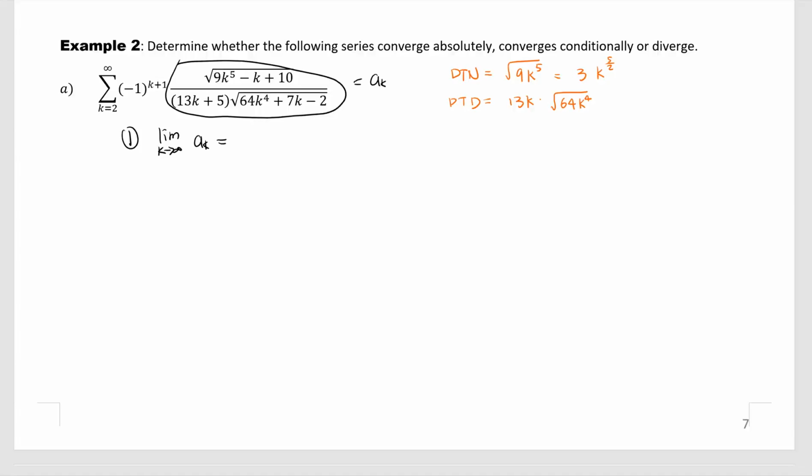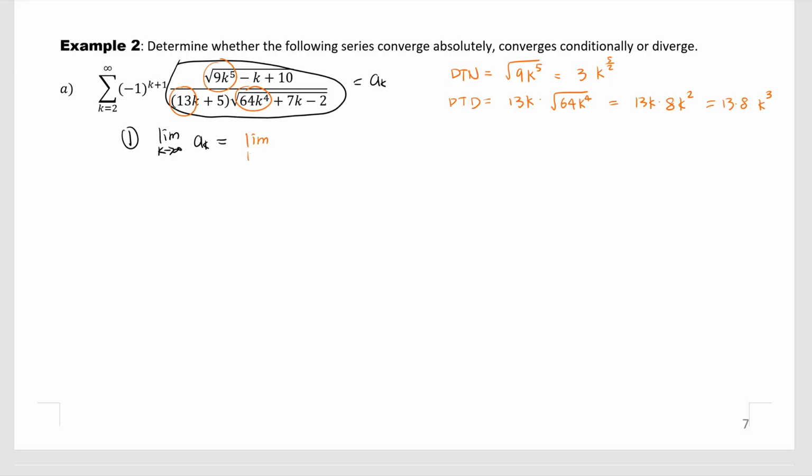So these are the dominant terms. The square root of 64k to the 4th is 8k squared. Right, everybody? So what do we get? We get 13 times 8k cubed.